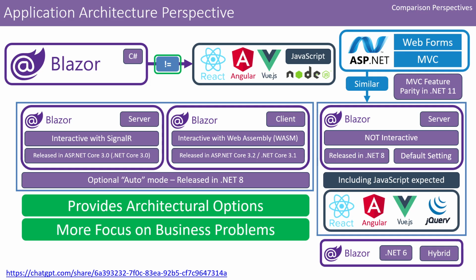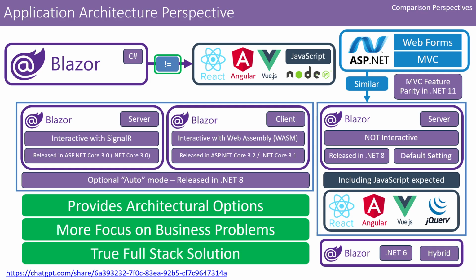You can focus on business problems more. The more that you're battling different technical issues across different technologies, you really do get pulled away from solving problems. And that really makes Blazor this true full stack solution when it comes to what you can do on the front end and what you can also do on the server for application development.